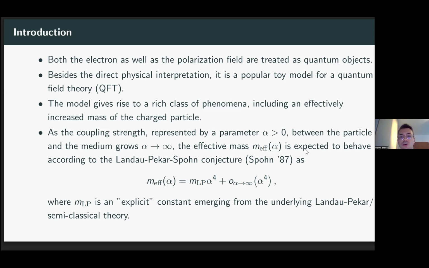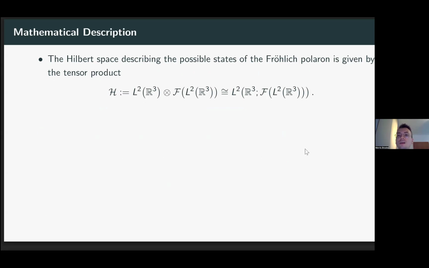Okay, so let me start with the underlying Hilbert space. I'm talking about an electron which interacts with a field, namely the polarization field. Since there are two components, it is very natural to define my Hilbert space as the tensor product. The first factor in this tensor product, the L2 of R3, just encodes the possible states of the electron, while the second tensor factor encodes the degrees of freedom of the polarization field.